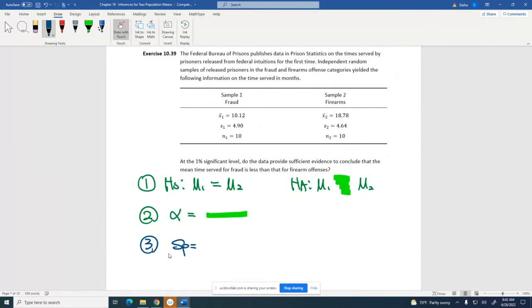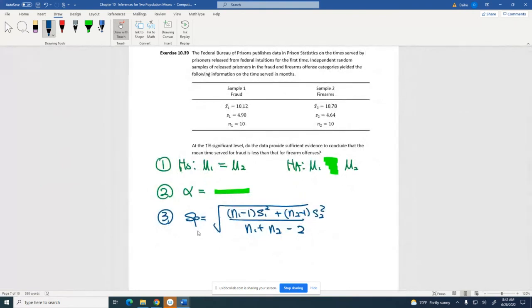First of all, we need the Sp. It's the square root of n1 minus 1 times s1 squared plus n2 minus 1 times s2 squared, over n1 plus n2 minus 2. And then you have to take the t-score, which is from the sample mean difference over Sp times the square root of 1 over n1 plus 1 over n2.